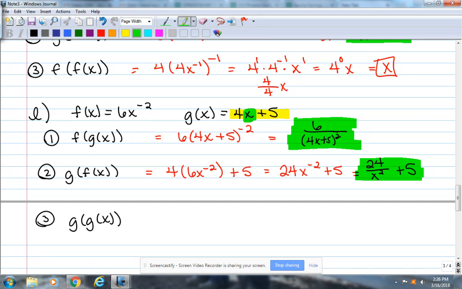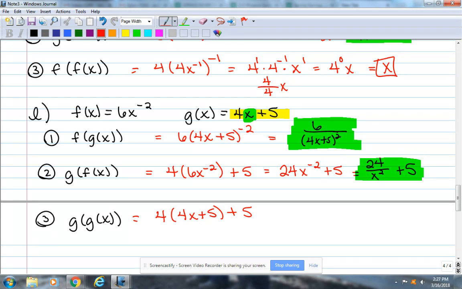So I'm going to start writing g, which is 4 times x plus 5. And where I need the x, I'm going to put in there 4x plus 5. So where I have parentheses is where the x was originally, and I just put all of g into that x. So that's g of g of x.